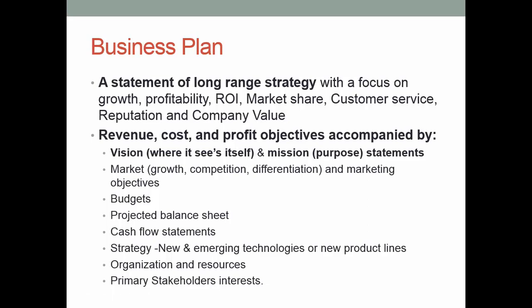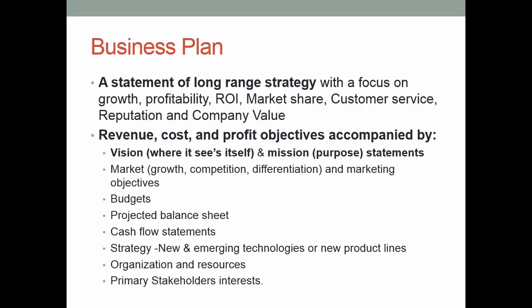So that's sort of an overview of everything. What we're starting here is at the highest level, the business planning level. So a statement of long-range strategy with a focus on growth, profitability, return on investment, market share, customer service, reputation, and company value. Revenue, cost, and profit objectives accompanied by a vision, which is where the company sees itself, and the mission, which is the purpose statement of what the company needs to try to achieve.